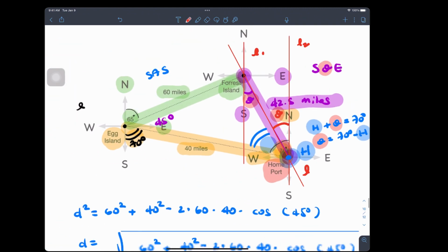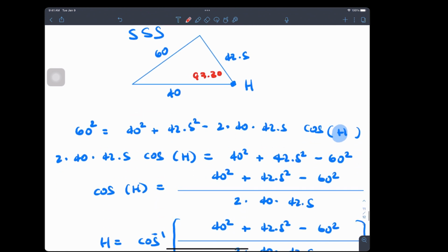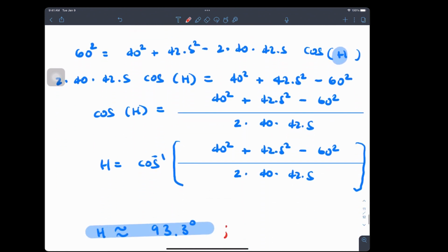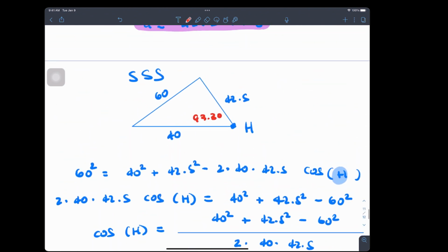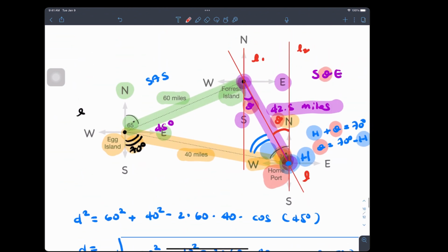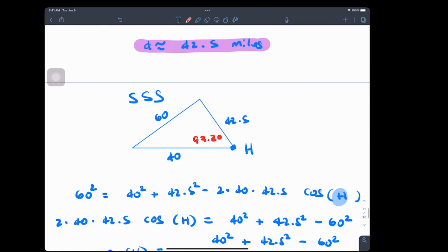Okay. Nope. Do you guys want to double check that? Let's double check this. See if we wrote everything down. 60, 40, 42.5. We need that h, right?